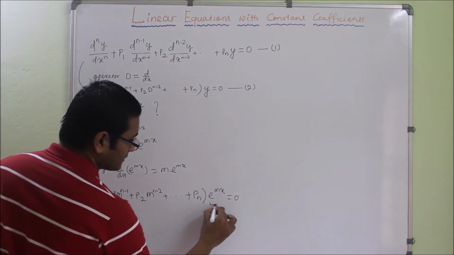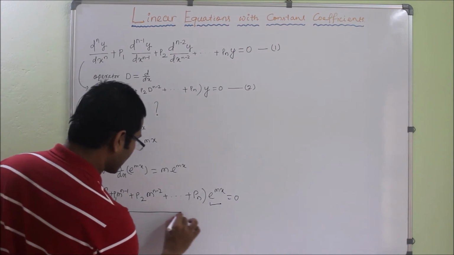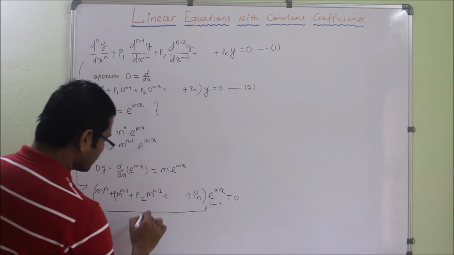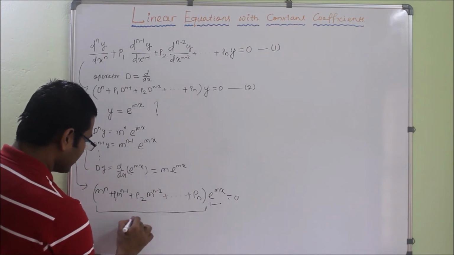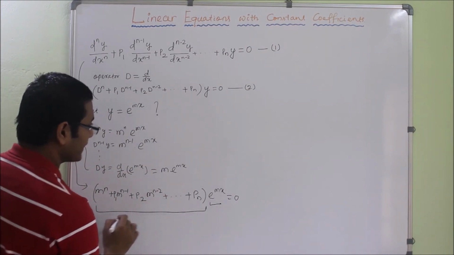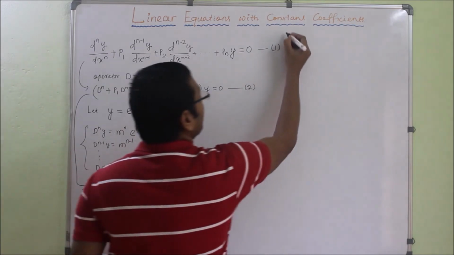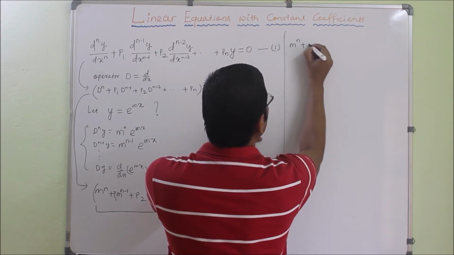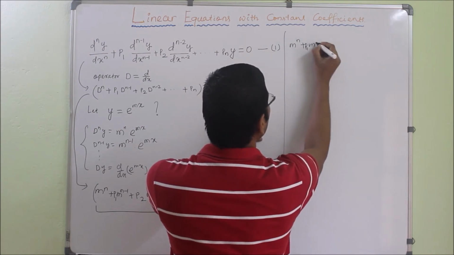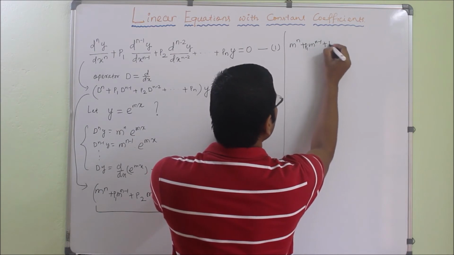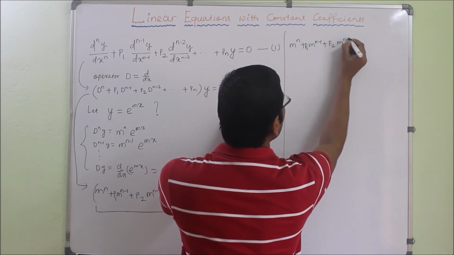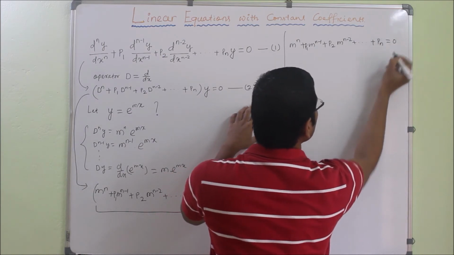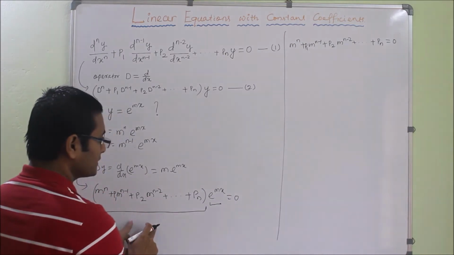Now we have two factors. The exponential factor will never be 0, so the other factor must be 0. So we got m to the power n plus p1 m to the power n minus 1 plus p2 m to the power n minus 2 and so on plus pn, equal to 0. This is the factor that I am discussing here.